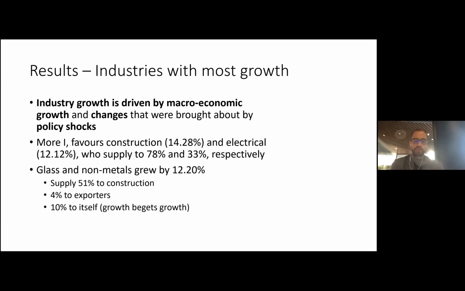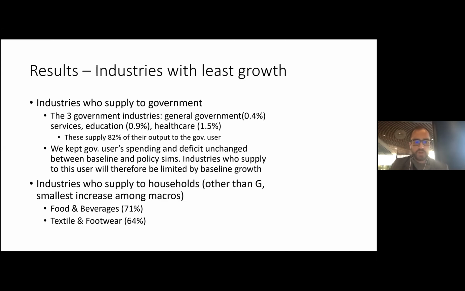Although glass and non-metals doesn't necessarily supply a large portion to investors in the economy, they do supply to construction. So it's like an indirect effect that we saw here. They also contribute a large portion to exporters, for export use, and then they contribute 10% to themselves. So growth begets more growth. And so these are the industries that we really saw standing out and really tied to the macro story.